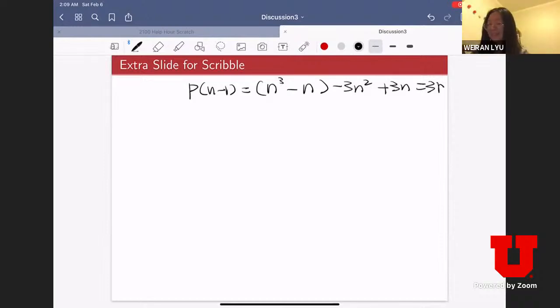Okay. All right. So we know that this is equal to 3r. And since we know these two terms are both divisible by 3, the only way to make this whole equation divisible by 3 is that this term, n cubed minus n, is also divisible by 3, which is equal to something like 3k.